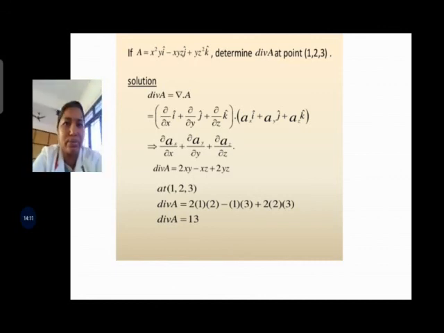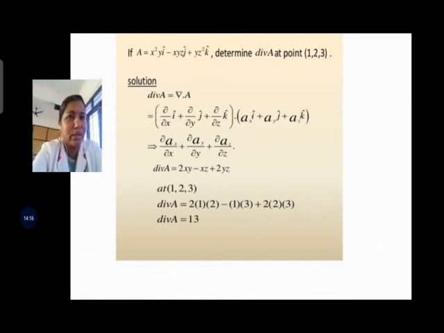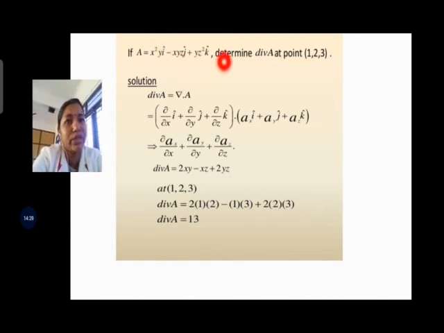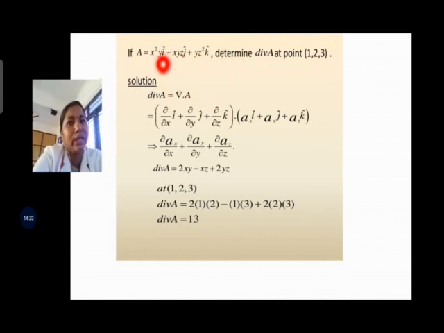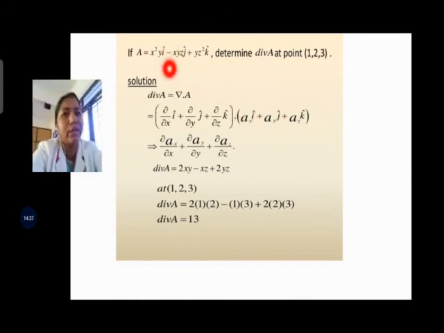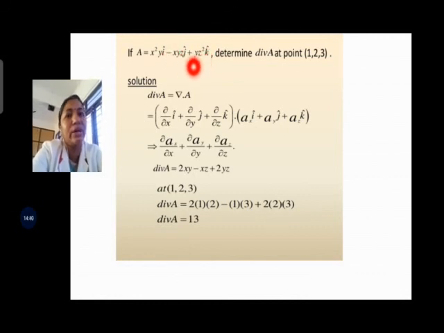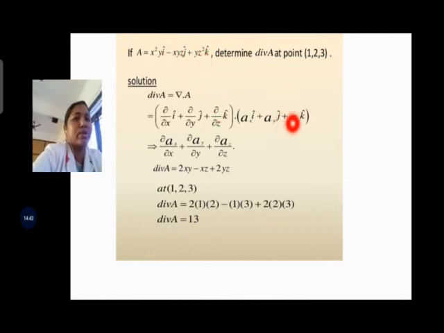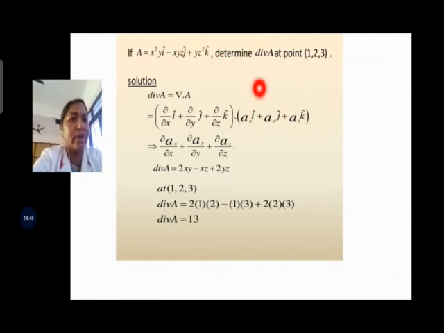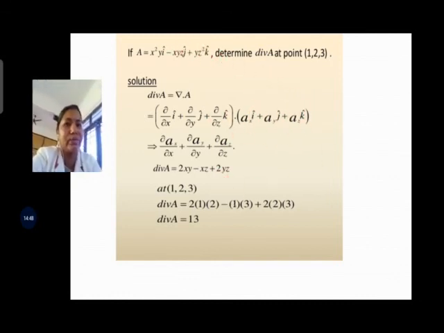Now we substitute 1, 2, 3 in this equation, and the divergence is 13. Likewise, instead of i, j, k, it may be written as Ax, Ay, Az, or with a vector cap, whatever is given. We take it as A, just multiply and differentiate, and find the answer.